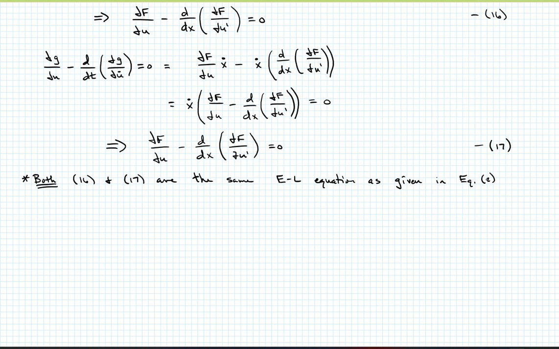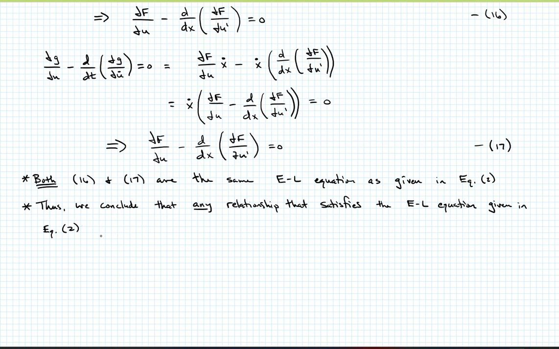And so what we can conclude is that any relationship that satisfies the Euler-Lagrange equation in equation 2, and that means any relationship, single valued or not, is going to be a valid extremizing relationship for the functional given by equation 1.